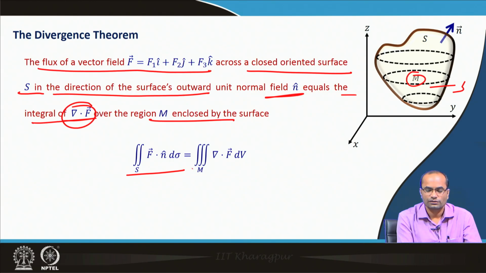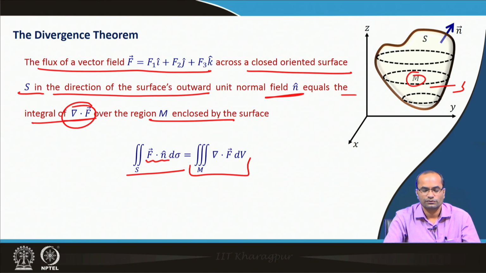It is an extension of Green's theorem: the surface integral of f dot n, which is precisely the component of f in the direction of the unit normal, integrated over the surface, is equal to integrating the divergence of f over the volume covered by the closed surface S.